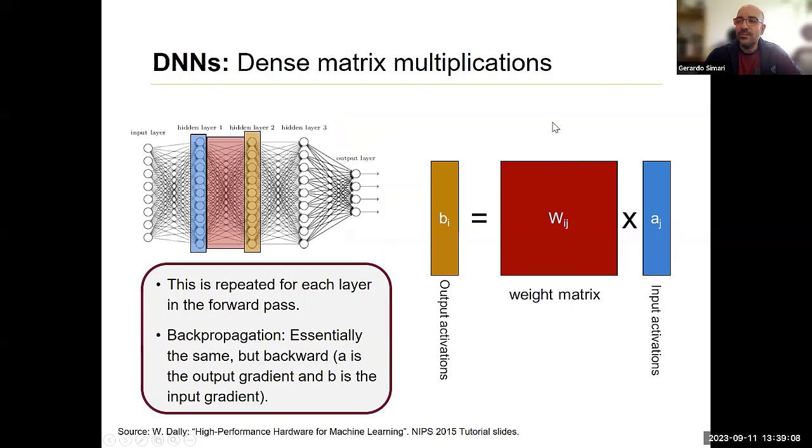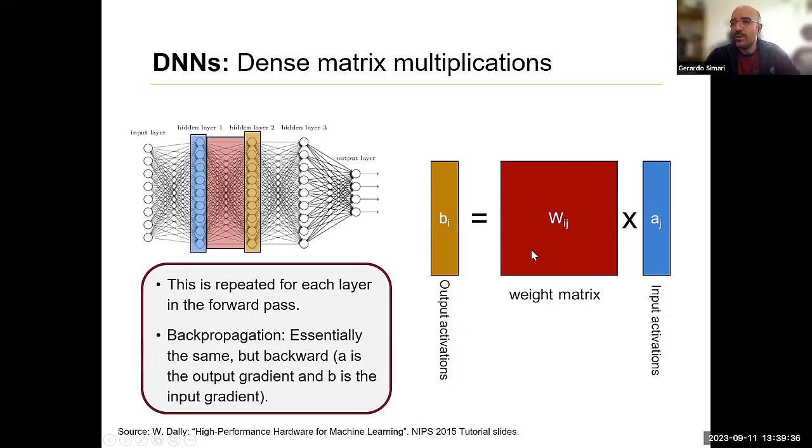So digging into a little bit more detail into what exactly this means. In deep neural networks, there's a lot of matrix multiplying going on. So here we can see this illustration between two layers. In this case, it's just between the first and the second, but this goes on for each of them in the forward pass.